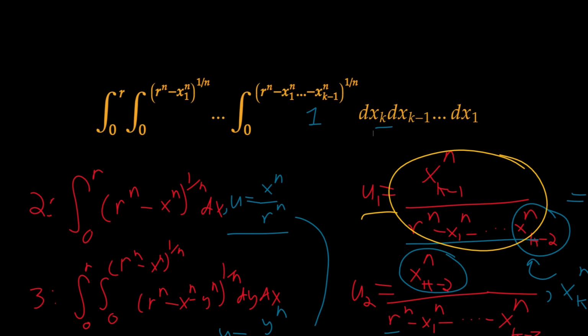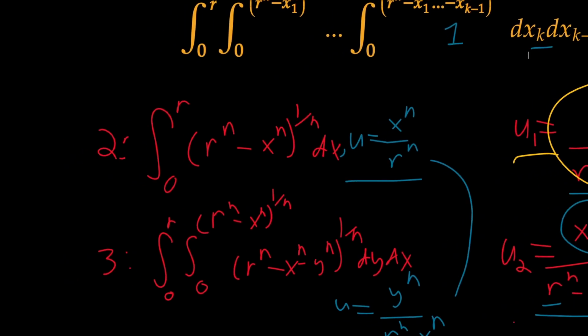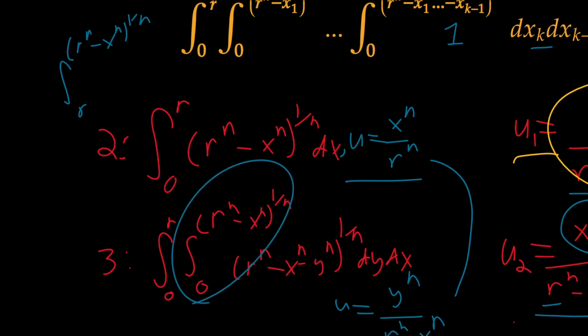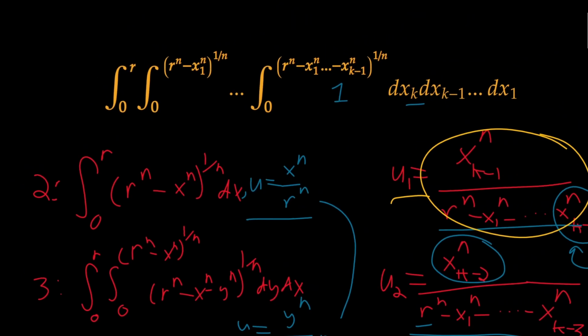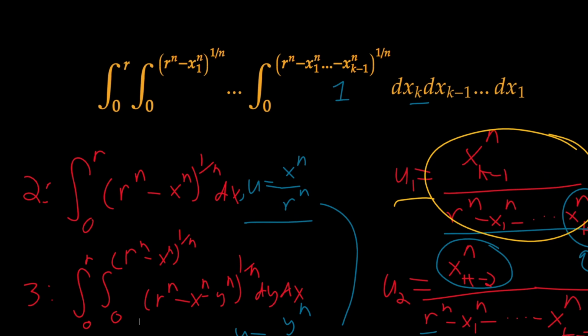Because you'll see here that this is 2 dimensions, but it's actually 1 integral, and that's because it's technically a double integral, right? We're evaluating it from 0 to r, and then our bounds for this would be, say, the integral from 0 to r to the n minus x to the n, 1 over n. It would be exactly this right here, just with an argument of 1. To make that 1, you actually have that in 1 less dimension. Anyway, I just wrote that so that we have k integrals, and that way it's k dimensions. That's the reason why I did that.